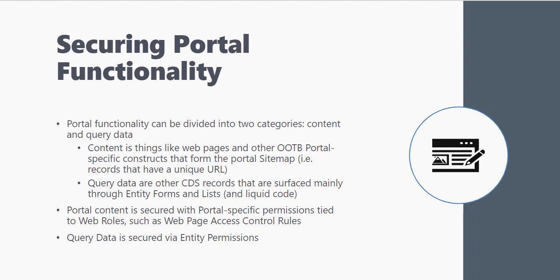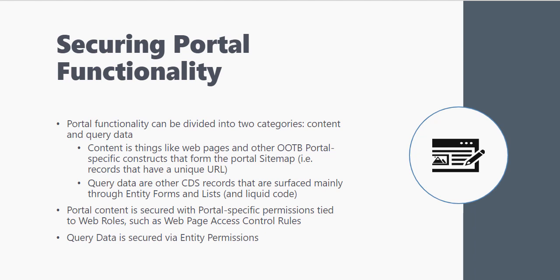The basic gist of it is anything that is portal content is going to be secured when it comes to the actual URL in the sitemap. And I'm not going to get too much into how the sitemap works or how to secure things like web pages, but that's essentially how you secure portal content.